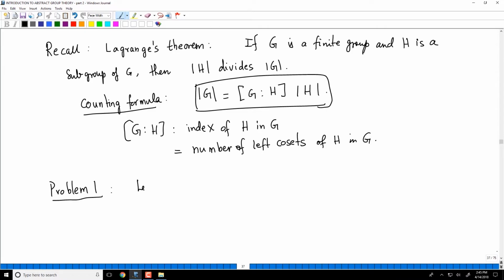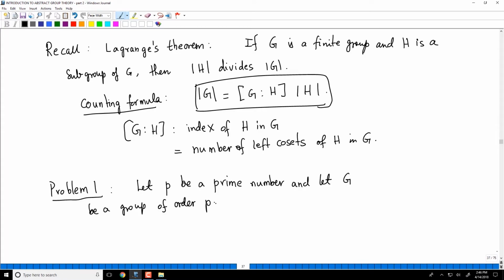Problem 1 is, let P be a prime number and let G be a group of order P. Show that G is cyclic.